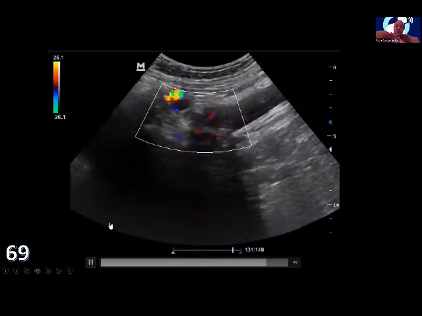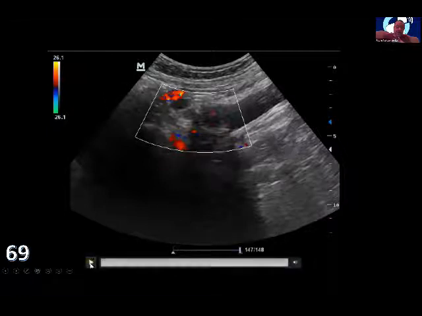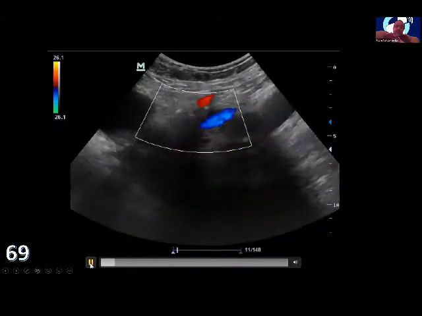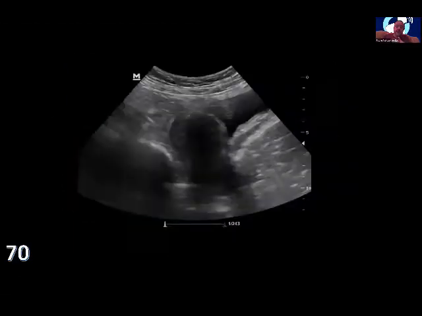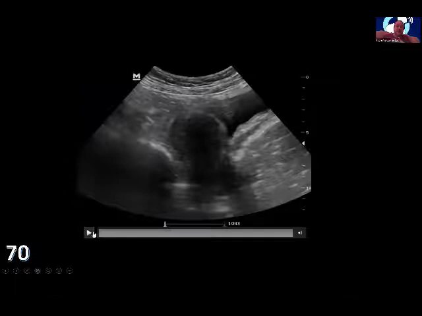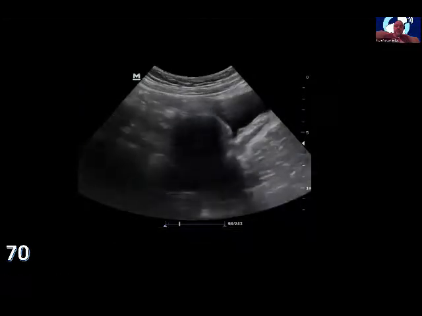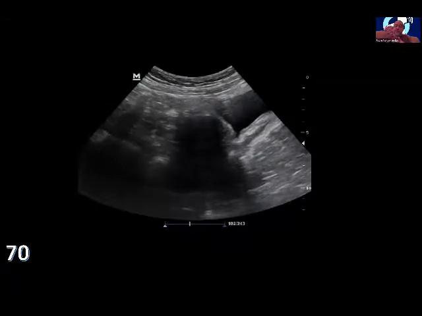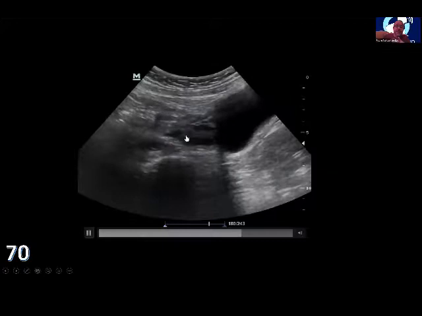What do we do next? Search for the ovary. We should clearly see the ovary. We go to the uterus, tilt the transducer, patience. Here, see?